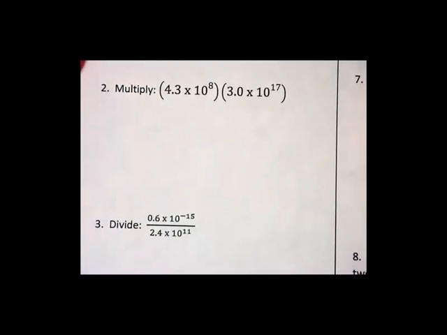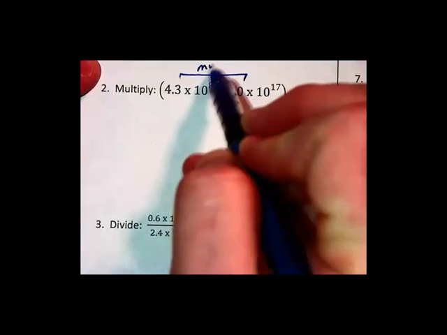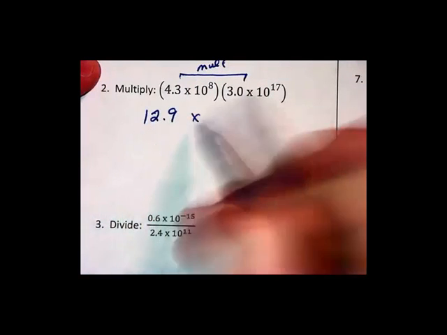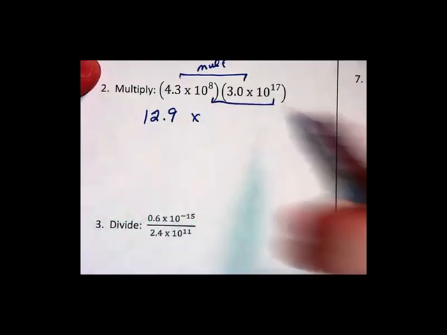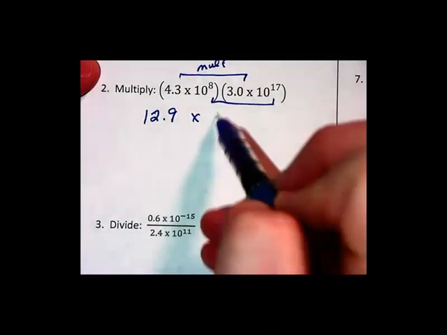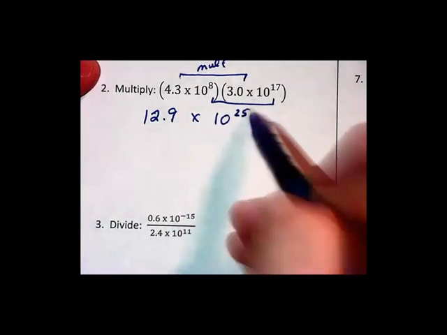In problem number 2, we're multiplying with scientific notation. 4.3 times the 3, we multiply these numbers out in front. That gives us 12.9. And then we add these exponents there. 8 plus 17 tells us we have the 25th power.